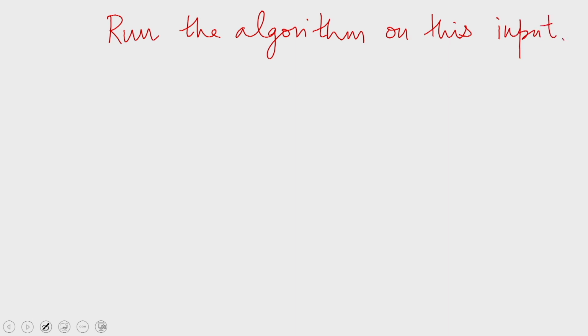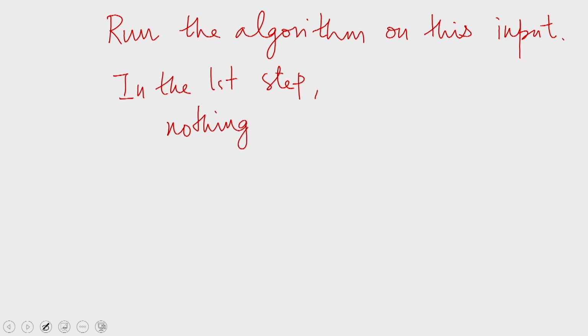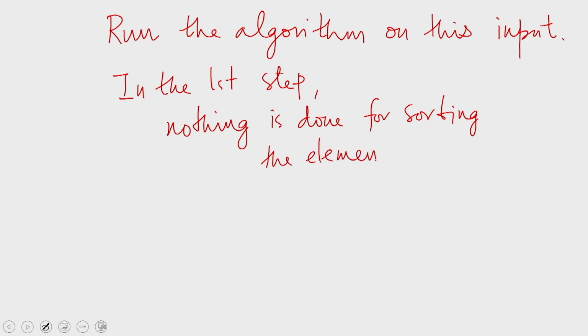Then what we find is that in the first step, your algorithm does not do anything for sorting the elements that are placed on the maximal independent set. Why is that?